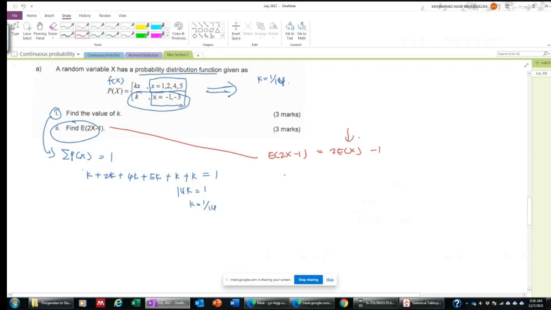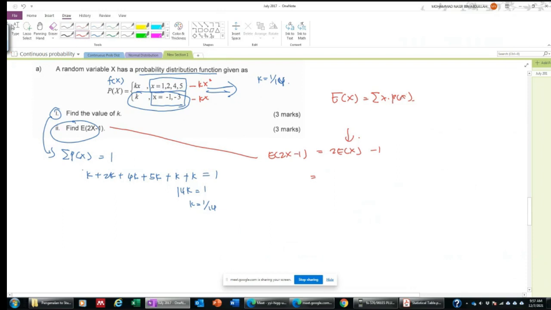To find expected of x, it should be equal to the summation of x multiplied with the probability of x. So you need to multiply with the x value. For the first one, k x squared, so it becomes kx squared. Here kx squared, and then this one for kx.